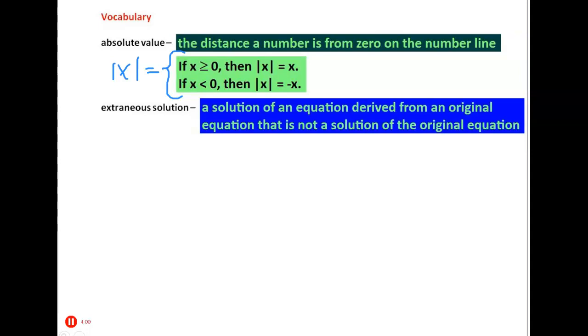It means in some way you get a negative over a positive or a positive over a negative. And we'll see what that means here in a minute.